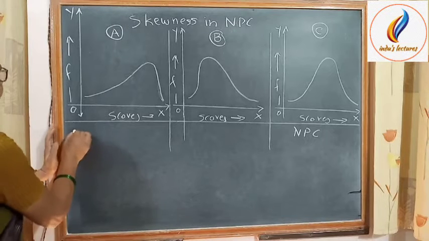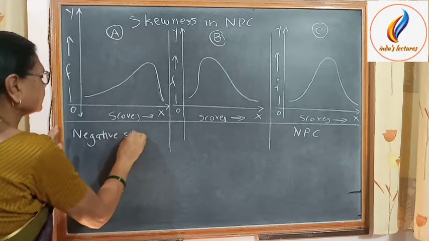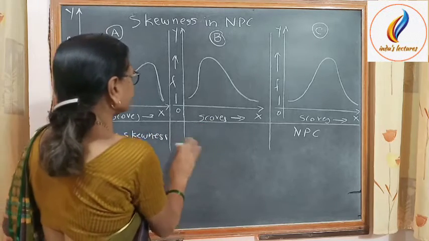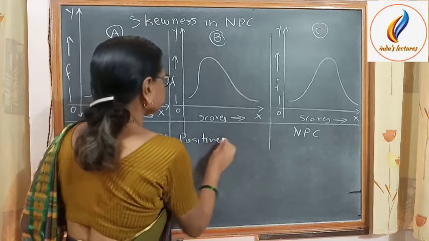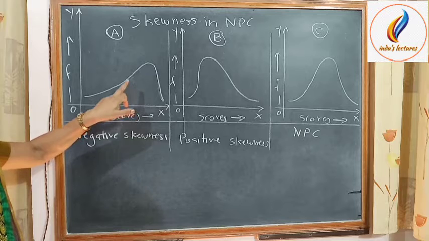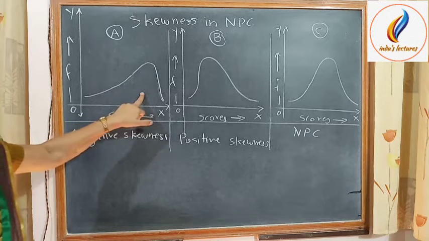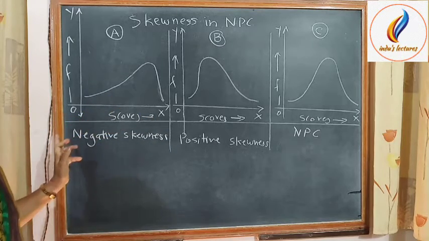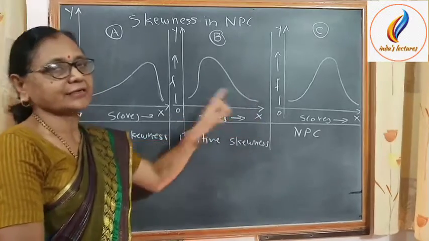It is negative skewness, and it is positive skewness. In negative skewness, the majority of individuals obtain a score more than the mean.